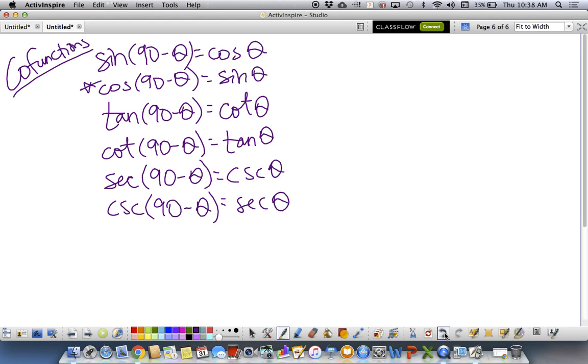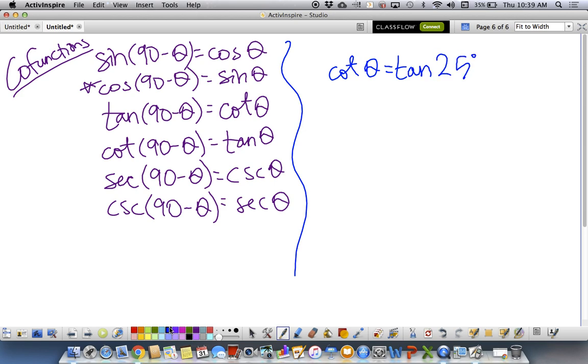So if I ask you to rewrite, or it says find an angle theta that satisfies each of the following, you're finding a theta, you're going to have to use cofunctions. Cotangent theta equals tangent 25 degrees. What is theta?